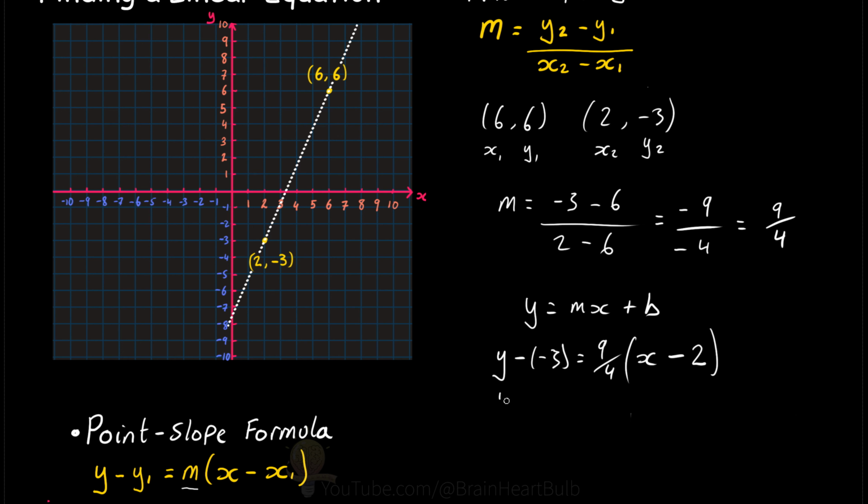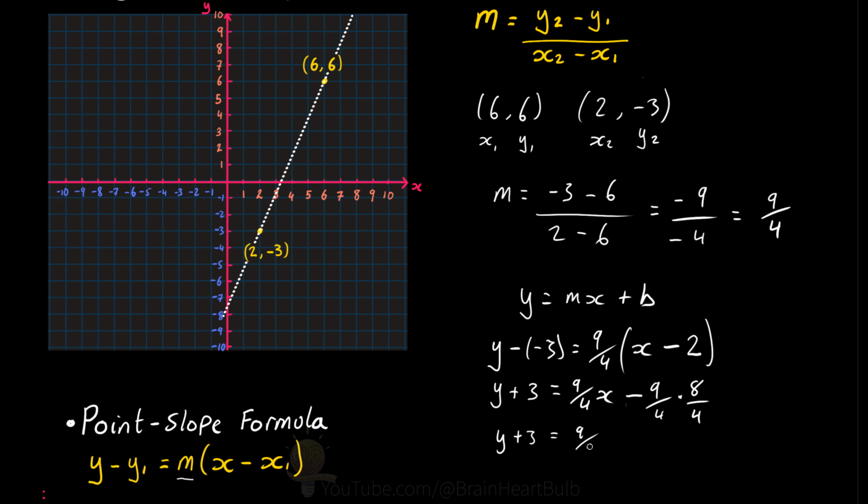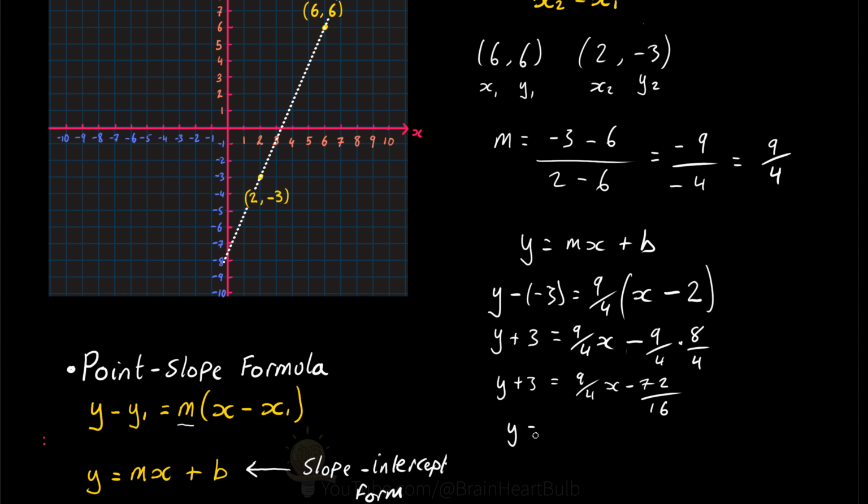So we have y plus 3 is equal to 9/4 multiplied by x minus 9/4 multiplied by 8/4. We get y equals 9/4x minus 4.5 minus 3, which is -7.5.